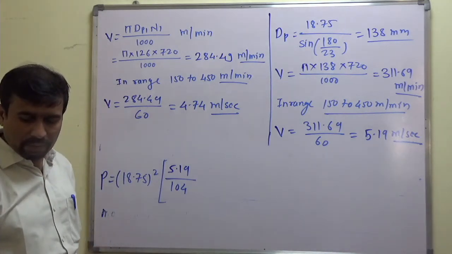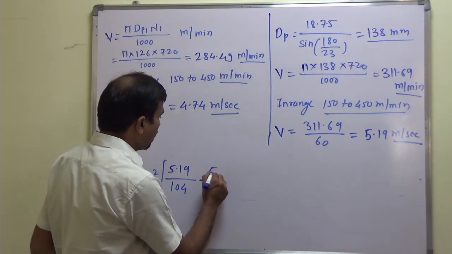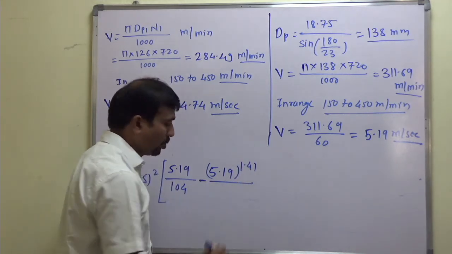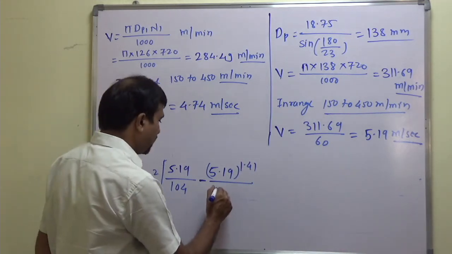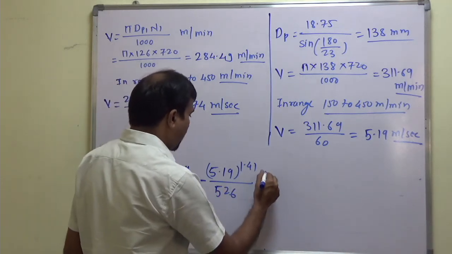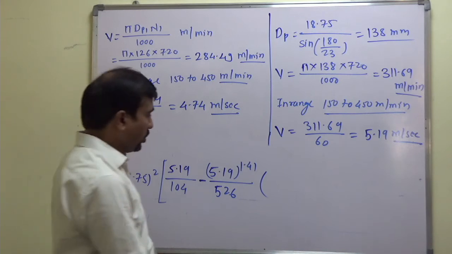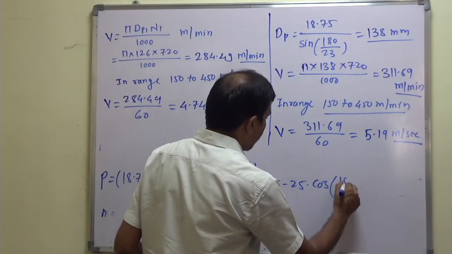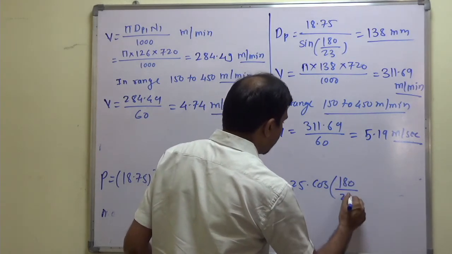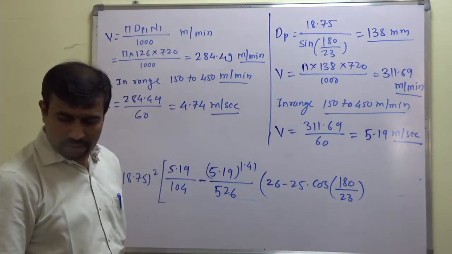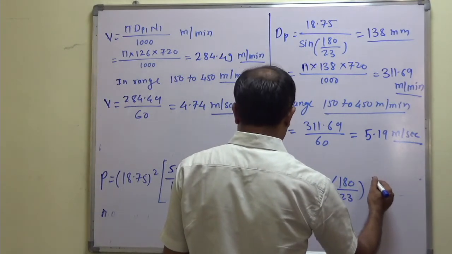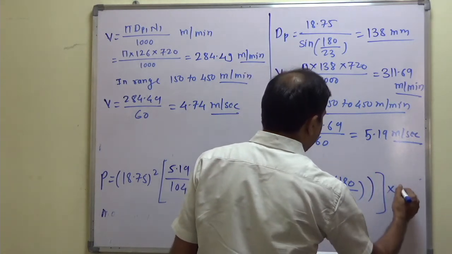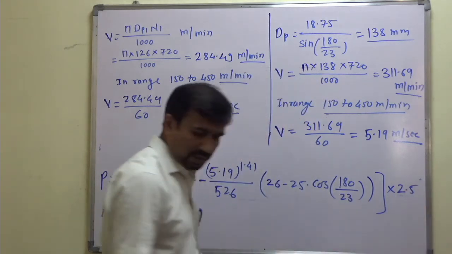V upon 104 minus 5.19 to the power 1.41, V to the power 1.41 upon 526, in bracket 26 minus 25 cos 180 divided by number of teeth, now it is 23, bracket complete, multiplied by Kc is 2.5 for triple strand.